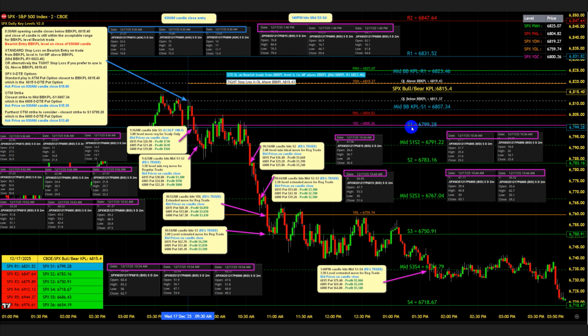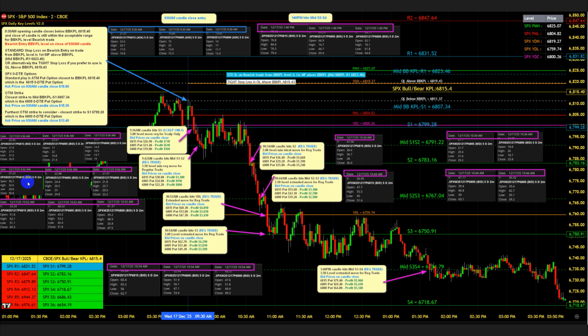We look one level down, then we look the next half level down, that is the mid S1, S2, 67.91. So when it hits the 1.5 level move in our favor, if we did not get out on a scalp and we're instead doing a regular trade, then that is your trigger threshold, the minimum threshold for the regular trade.